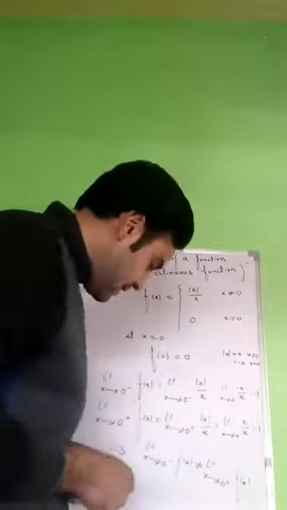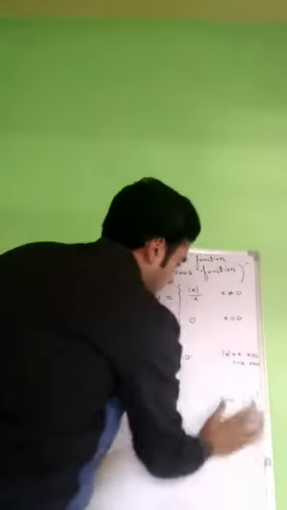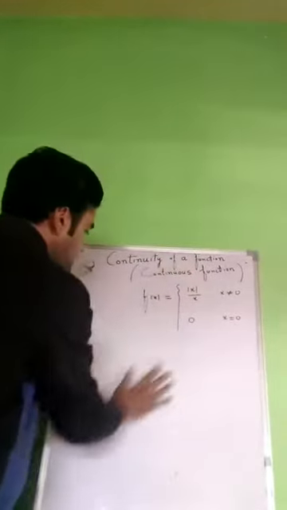So let us draw its graph and find why there is a jump and why it is discontinuous.